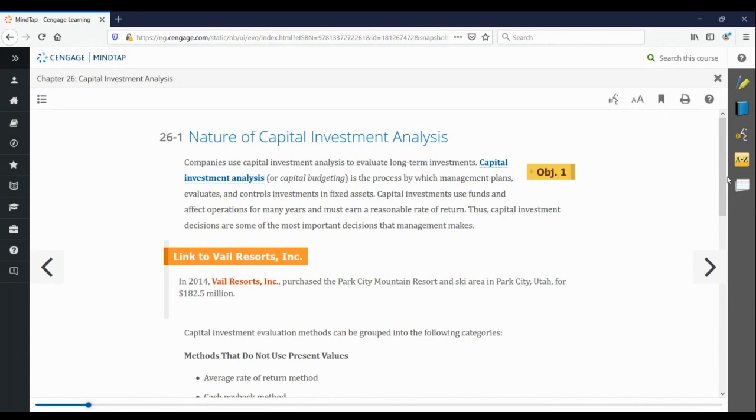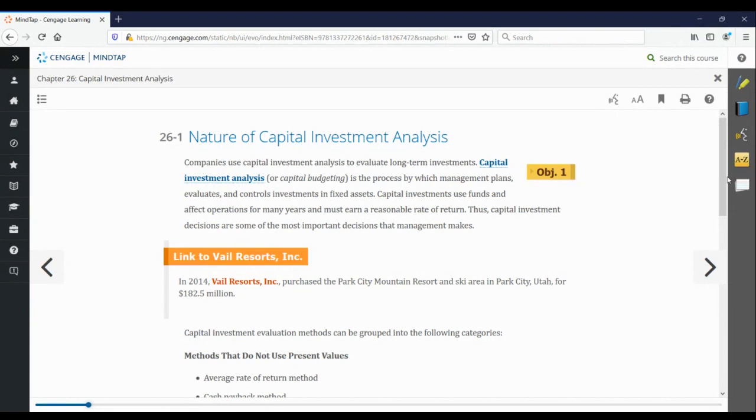So what we talk about as far as capital investments, these are going to be large amounts of money that a company is planning to invest in, and they might have several different types of assets that they want to invest in.